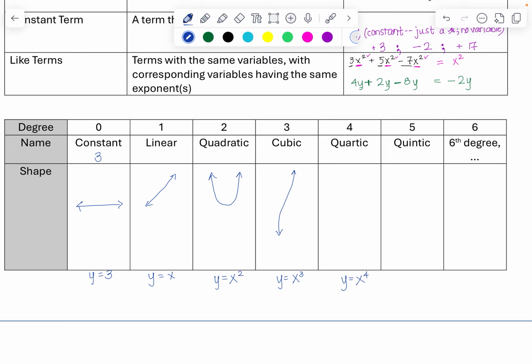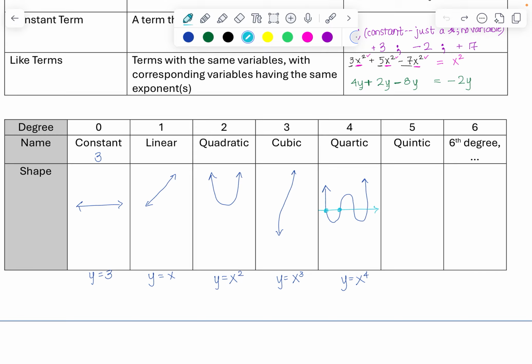Here's what that looks like. It looks like a W, okay? This is the positive version of it, positive x to the 4th power. So if you can, imagine the x-axis cutting through there. Quartic means that your function cuts through the x-axis 4 times, okay?